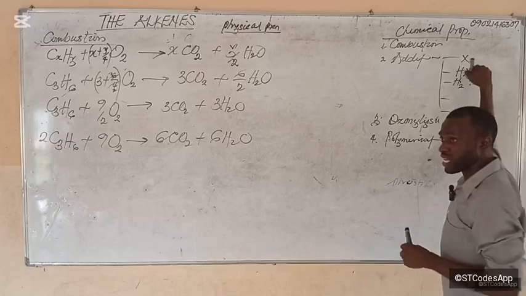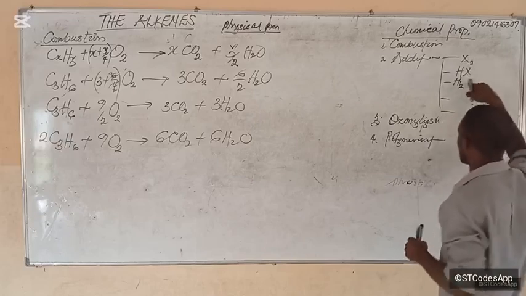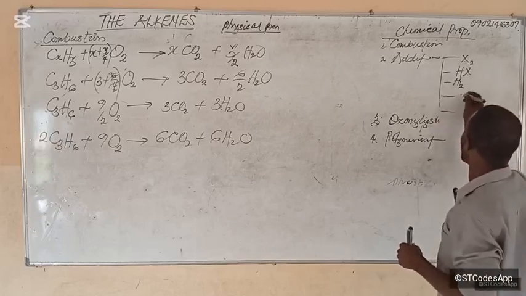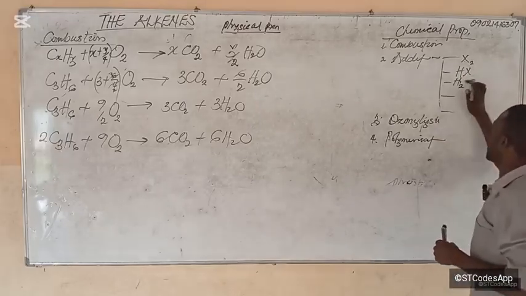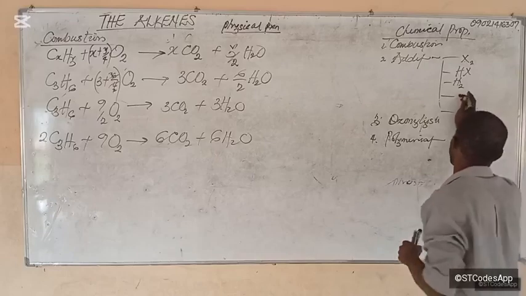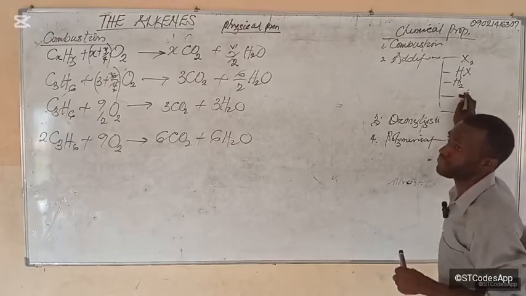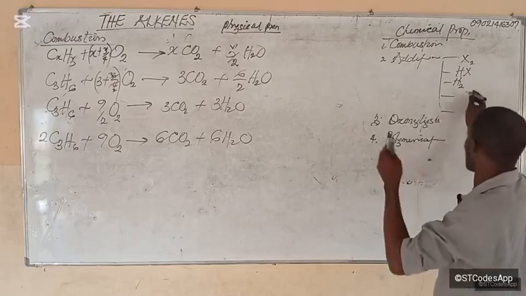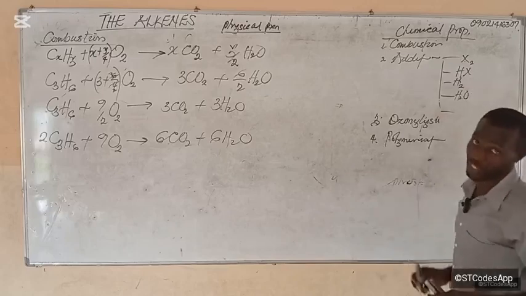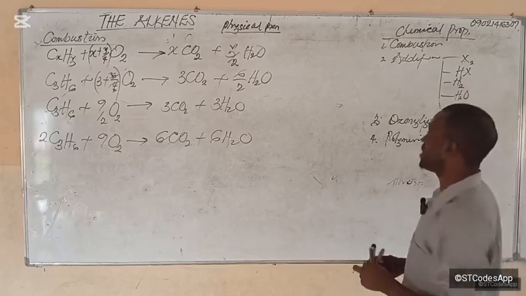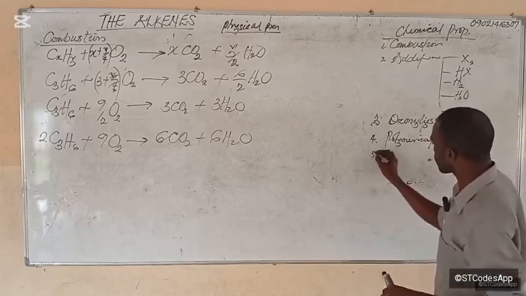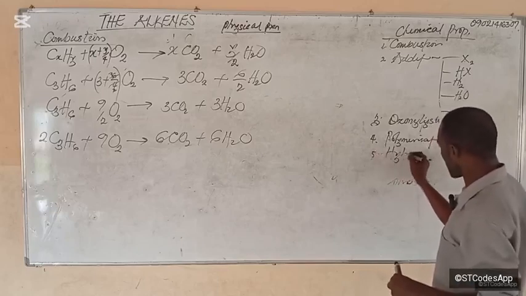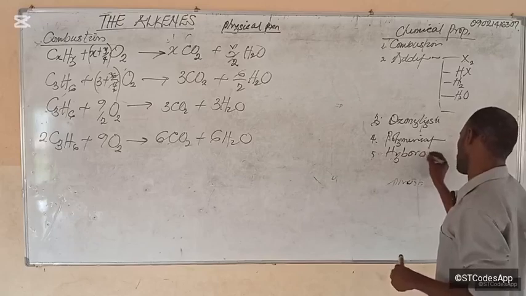Halogenation, hydrogen halide, hydrogenation, then which other addition do we have? Hydration. Okay, addition of water. Yes, many addition reactions like that. We also have hydroboration. Now that I'm remembering them, hydroboration.